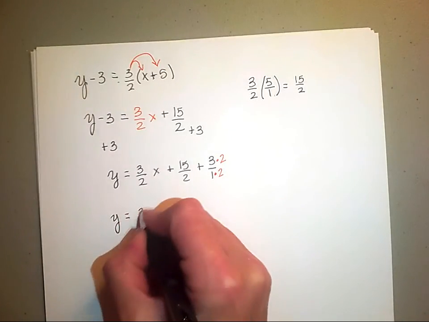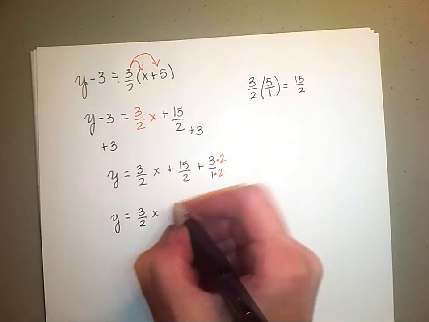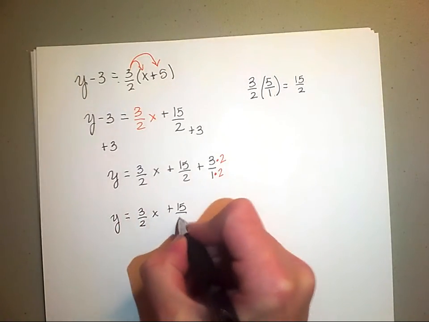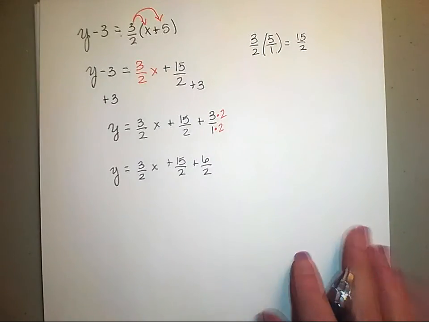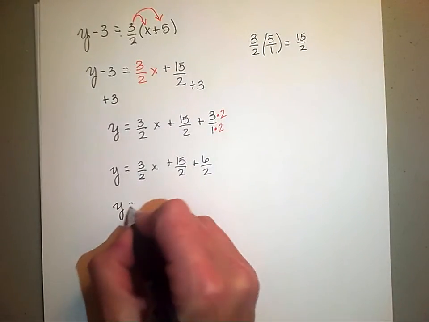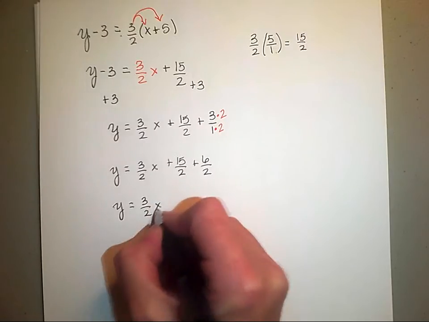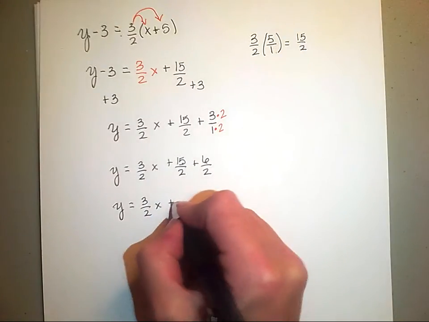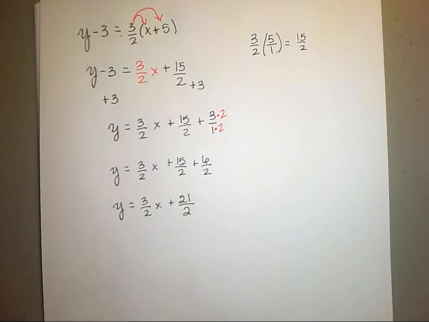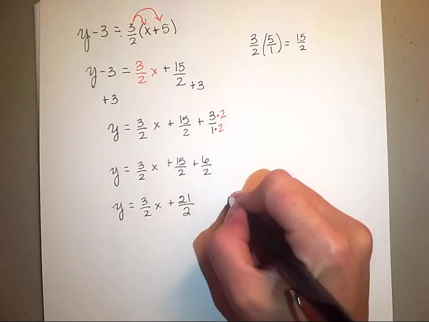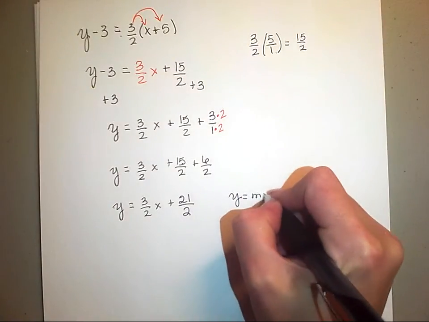So y is equal to 3 halves x plus 15 halves plus 6 halves. So y is equal to 3 halves x, 15 and 6 are 21, 21 halves. Okay, so this is our y equals mx plus b.